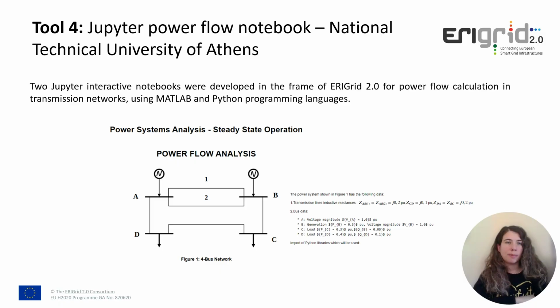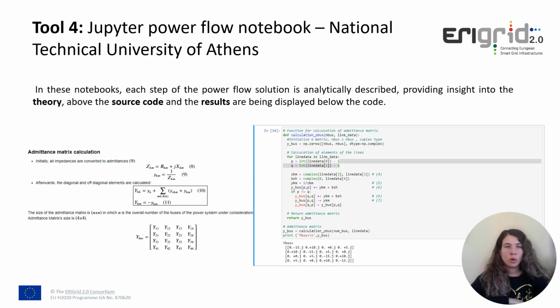Moving to similar applications, the National Technical University of Athens, or ICCS, has developed two Jupyter interactive notebooks in the frame of ERIGrid for power flow calculation in transmission networks using MATLAB and Python programming languages. In these notebooks, each step of the power flow solution is analytically described, providing insight into the theory, and the source code is matched to the theory, and the results are displayed below the code.